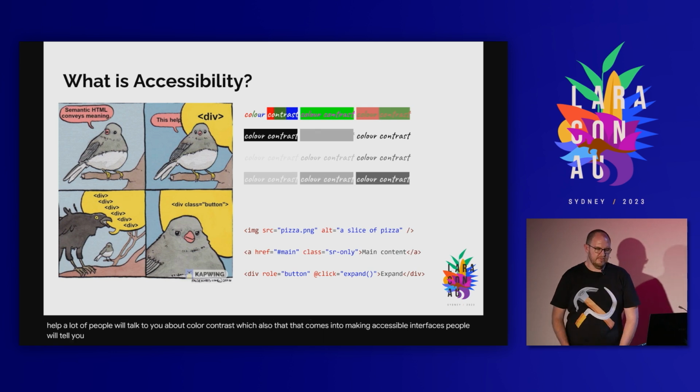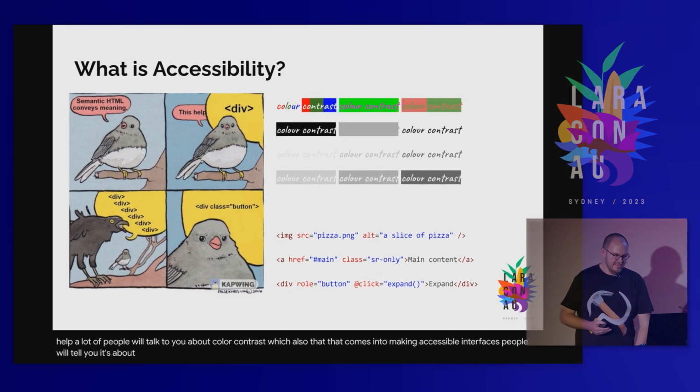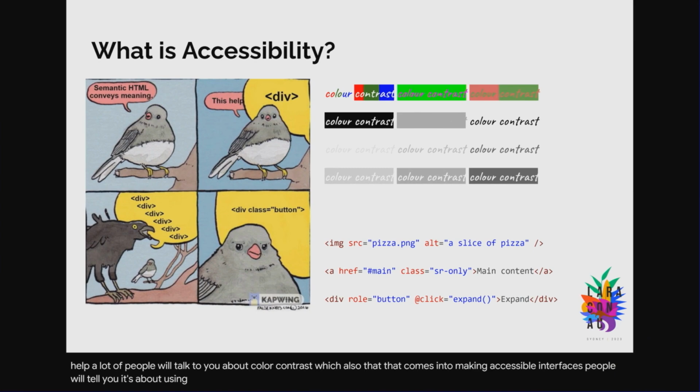People will tell you it's about using CSS and ARIA tags and alt tags to add more context to the stuff in your HTML. They all help when you are trying to make your app more accessible.